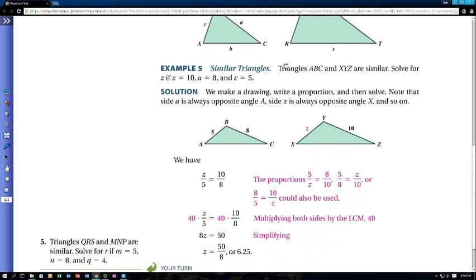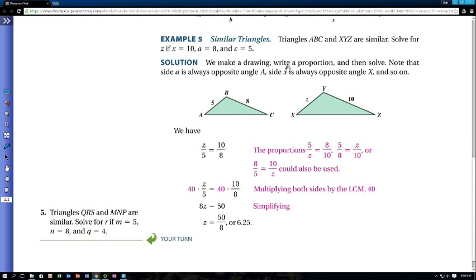So how do I use this information to solve these kinds of problems? So we have triangles ABC and XYZ are similar, and first you need to know what that means. It means corresponding angles are congruent. Congruent's another word for measured the same.